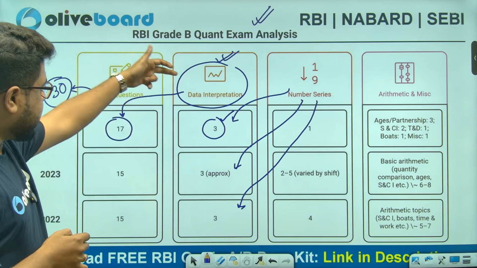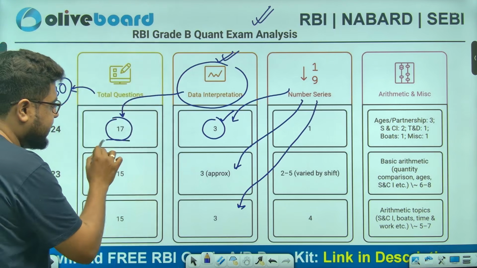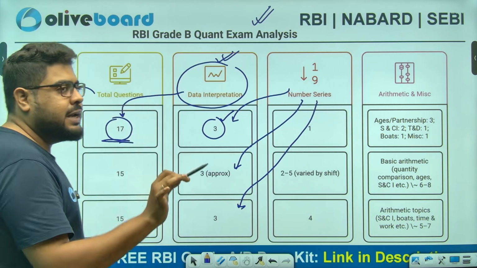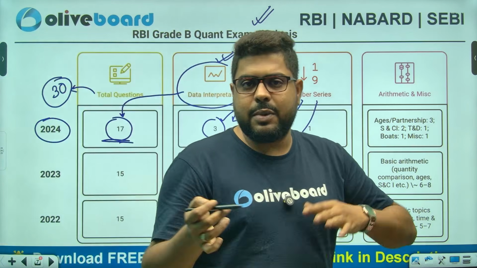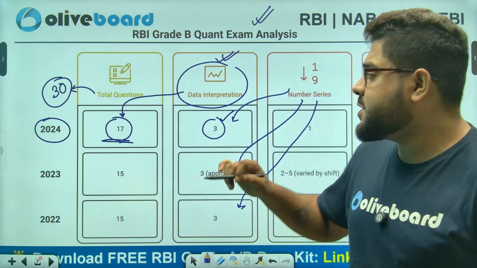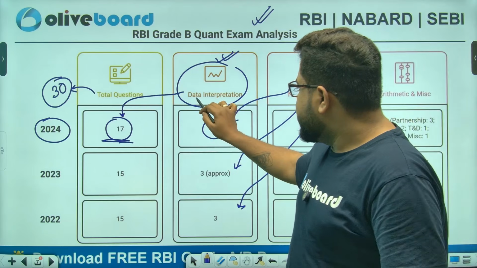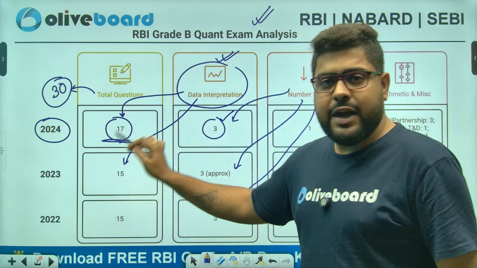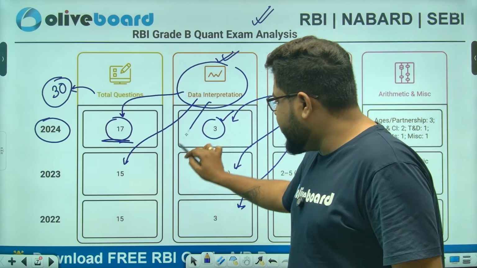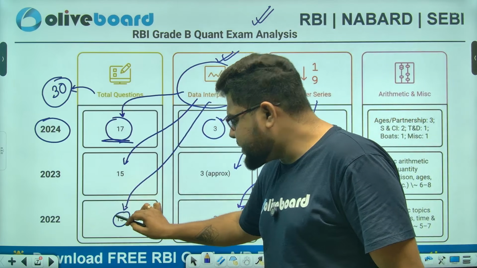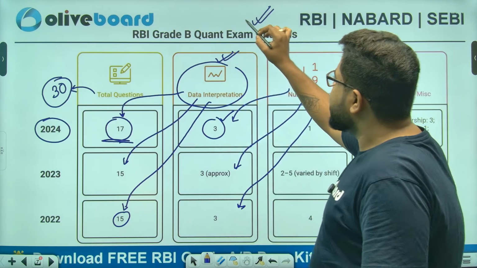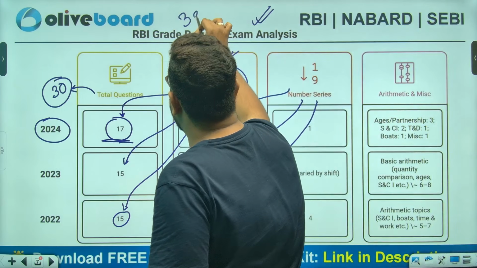Now, data interpretation, we had 17 questions last year. It varied because there are 2 shifts, 17 questions on an average. In 2023, we had 15 questions. In 2022, we had 15 questions. Generally, you will have 3 sets of DIs.